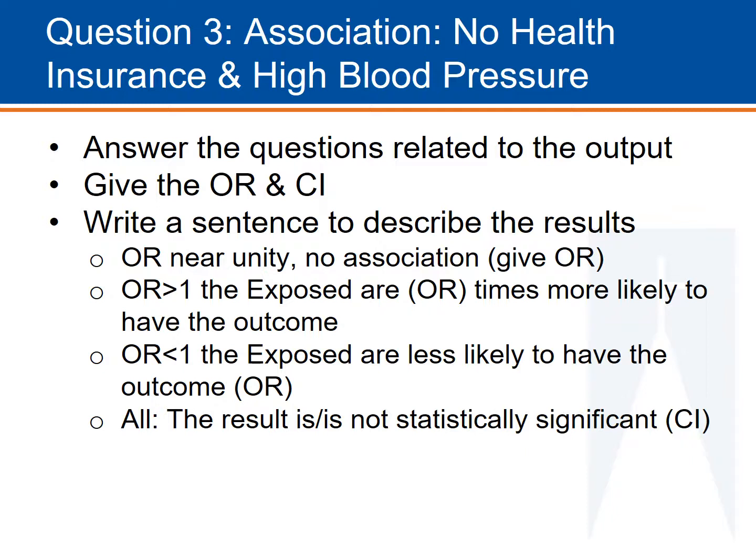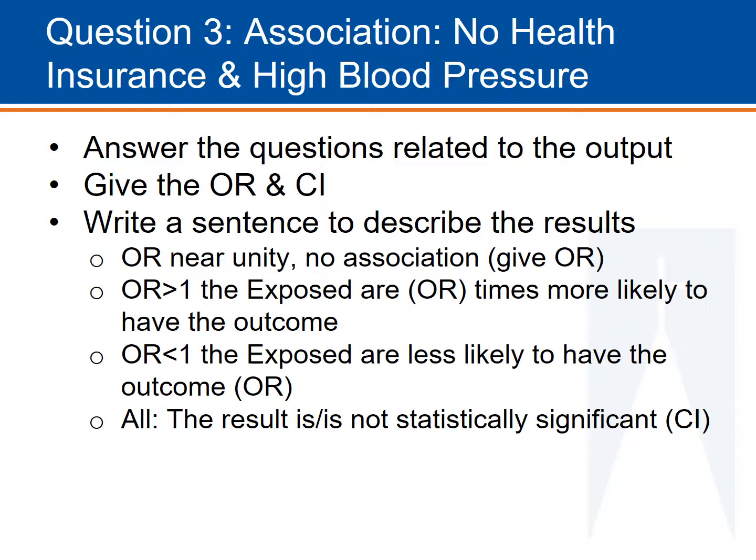If the odds ratio is greater than 1, use the phrasing that the exposed are 1.05, or however large the odds ratio is, times more likely to have that outcome. If the odds ratio is less than 1, describe the association as being, for example, 0.7 times as likely.